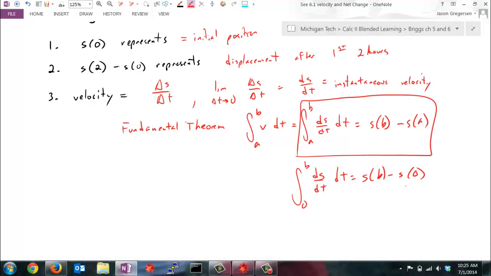What I'm asking you, my current position, my future position, is really just this value. So all I have to do is take this and solve it for this value. So if I just add my initial position over, kind of makes sense. Take your initial position plus your displacement, and that should be where you're currently at.